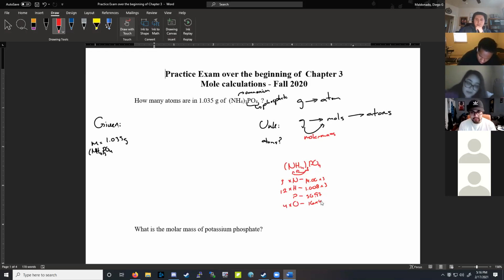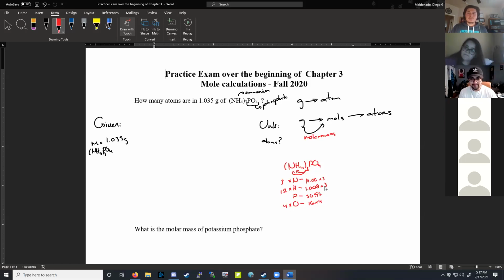Can someone tell me what the molar mass is? 149.096. Oh shoot, I made a mistake. Where did I make my mistake? Would the mass be 31 or would it be 30.97? The molar masses are good. I wrote down the wrong number for my hydrogens.